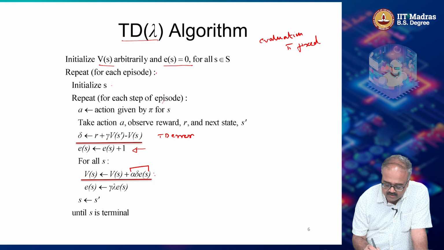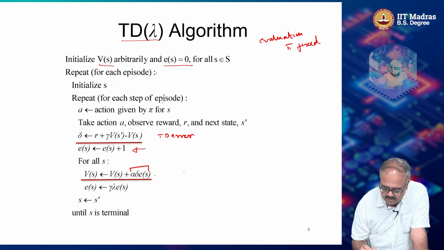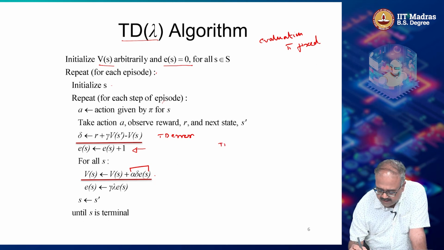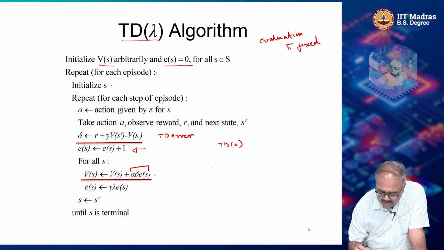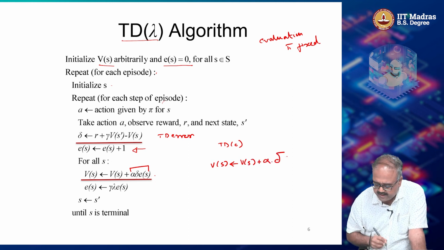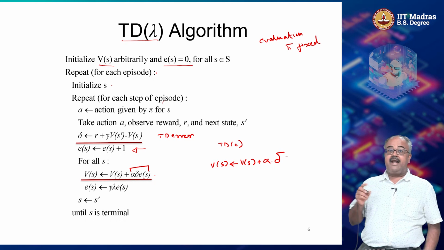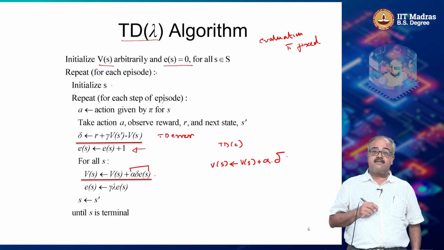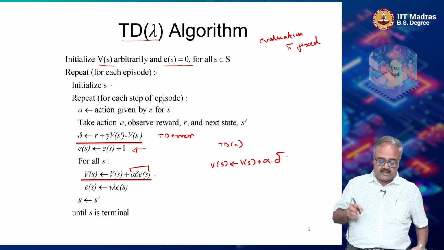So that is the first thing. The normal TD0 will be V of s equals V of s plus alpha delta, and you will be doing this only for the current s.